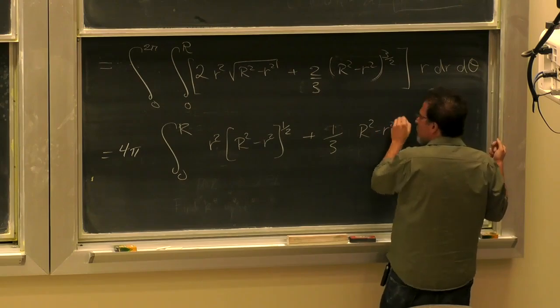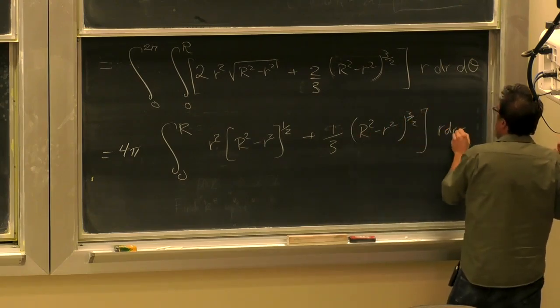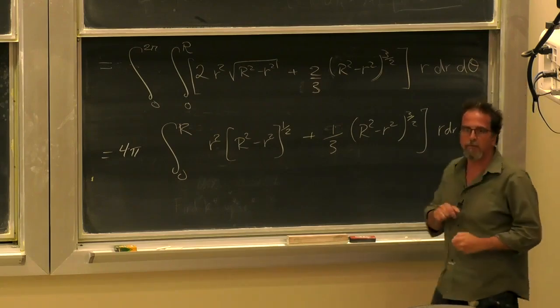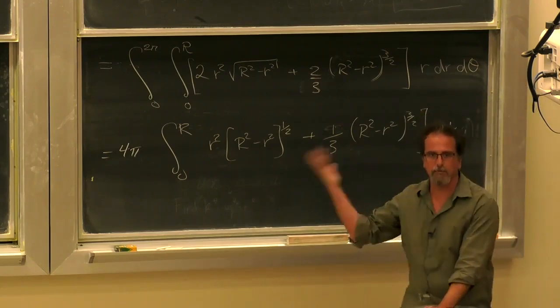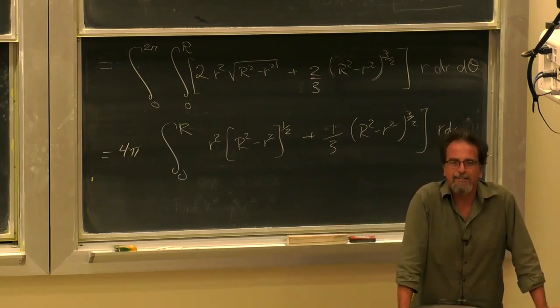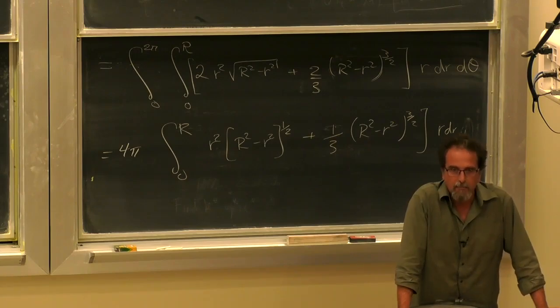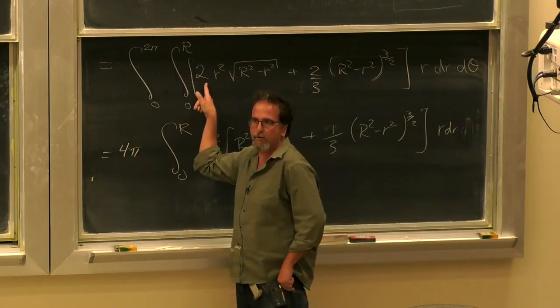I will acknowledge it in a second. Explain that to me. Okay, yeah, you're keeping track of my 2 for me today, because I can't do it. So 2 pi from this end, and then 2 from there.